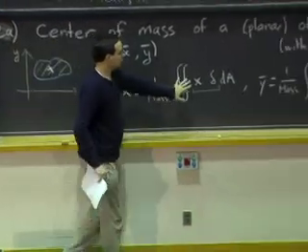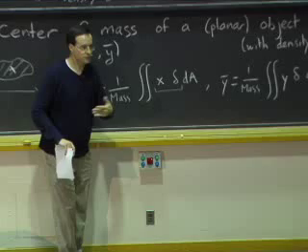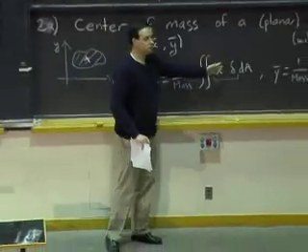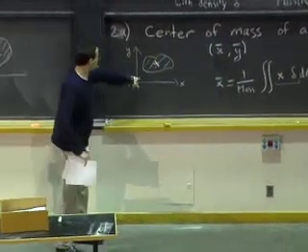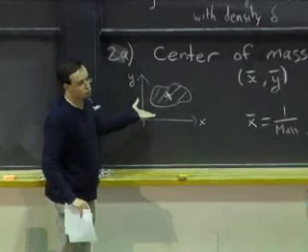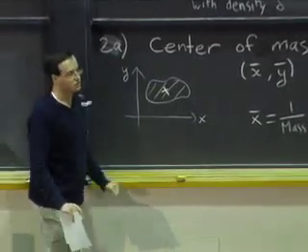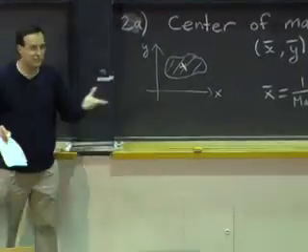And then I will integrate this dA. And dA could mean dx dy, could mean dy dx, could mean r dr d theta. I will choose how to set it up depending maybe on the shape of the region. If my solid is going to be round, then I might want to use polar coordinates. If it's a square, I might want to use xy coordinates. If it's more complicated, well, I will choose depending on how I feel about it.